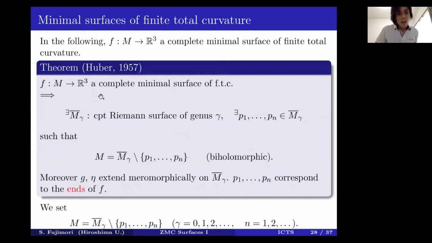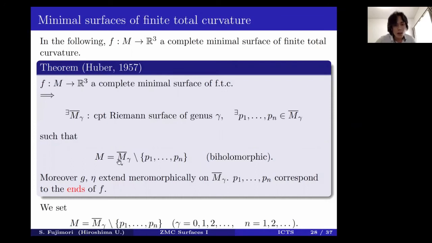There's a theorem by Huber and Osserman: if F is a complete minimal surface of finite total curvature, then there exists a compact Riemann surface of genus gamma, and finitely many points in this compact Riemann surface, such that M is biholomorphic to this compact Riemann surface minus these points.